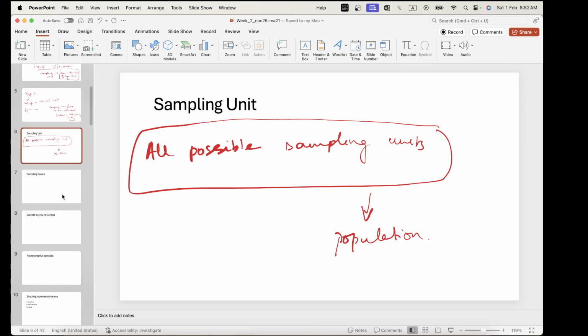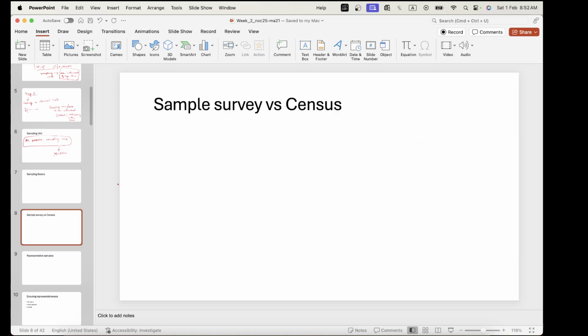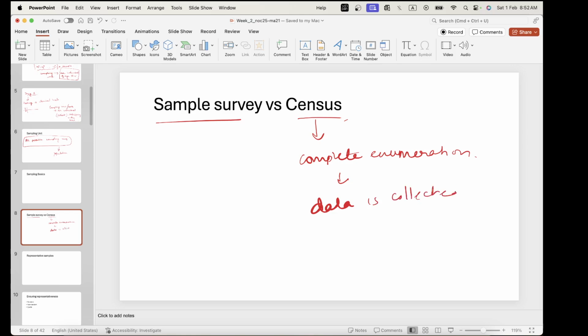Then we learned about the difference between a sample survey versus a census. Okay, so census is like a complete enumeration where data is collected on all the sampling units.